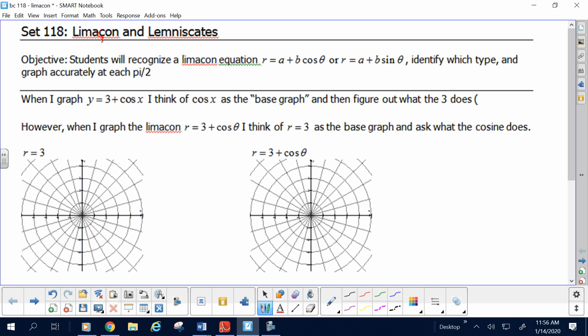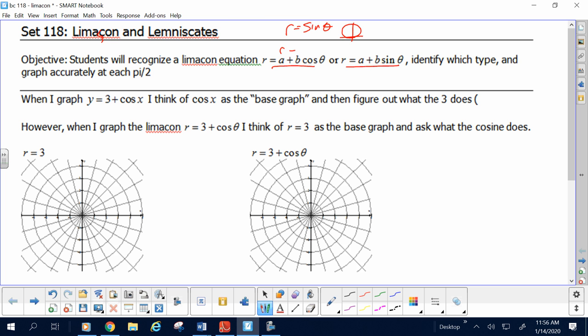Okay, so limacon equations involve a sum out front. Just to remind you what we know, sine of theta is just a straight up what?